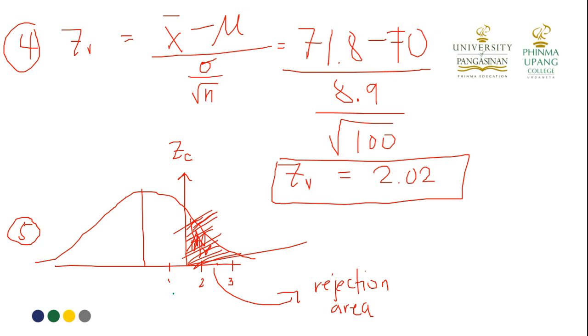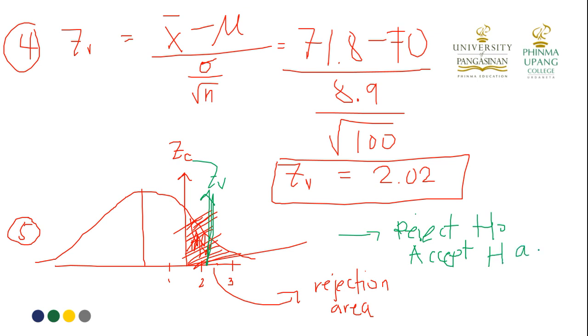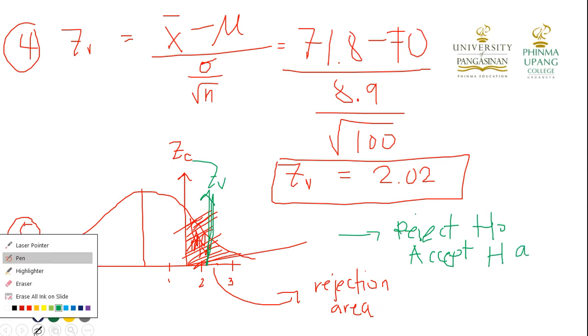So yung 2.02 located here po. This is our Z value. So our decision here in number 5 is reject, kasi dumaan siya sa rejection area. So reject HO, accept HA.